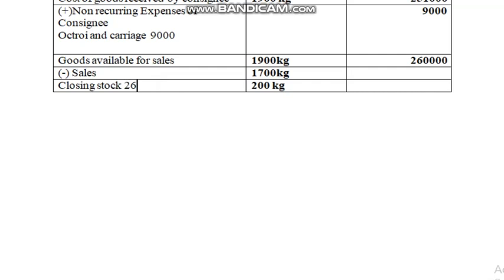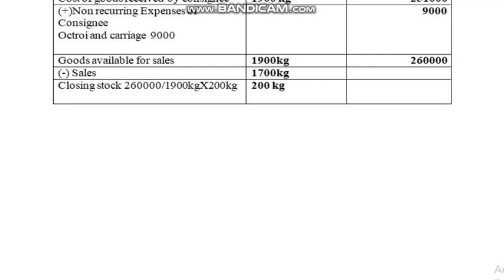So you will get 2,60,000 divided by 1900 kg multiplied by 200 kg, which is 27,368 rupees.